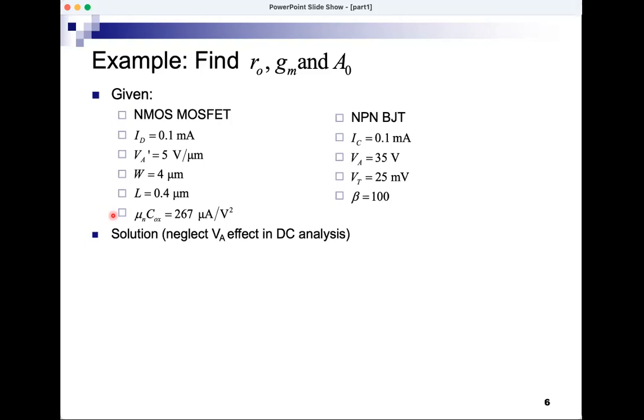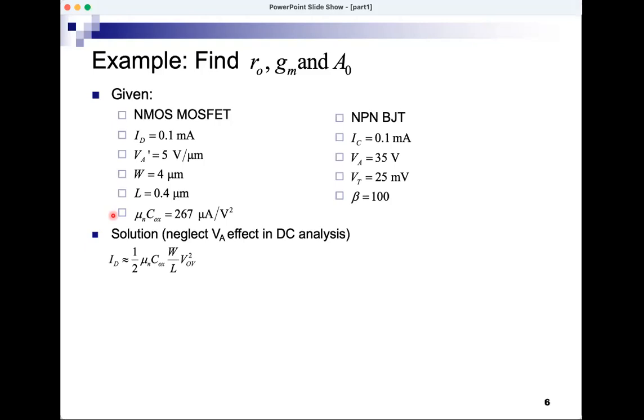We do this to simplify the analysis, and the error caused by this is usually acceptable. So if we neglect VA in the DC analysis, then the current equation in the saturation region for the MOSFET would be ID is half K prime W over L VOV squared.